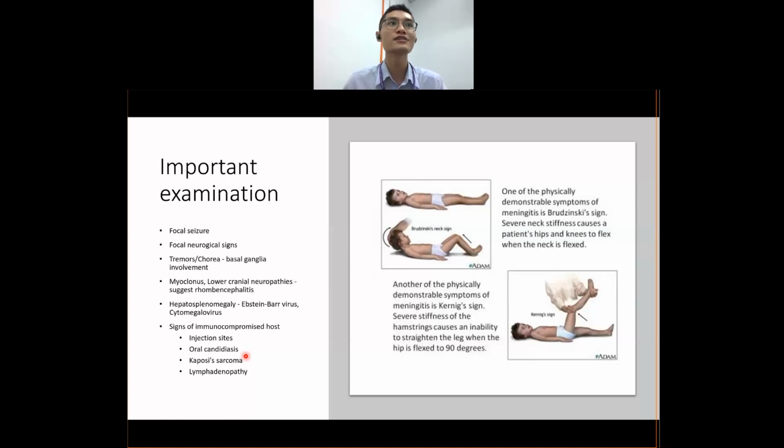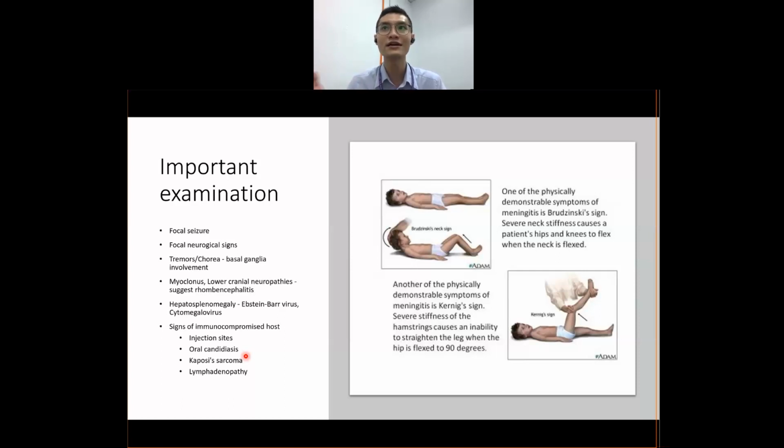Sometimes due to viral infection, you can have hepatosplenomegaly, and also look for signs of immunocompromise, because if you're immunocompromised, you're dealing with a wider array of organisms. If I have an immunocompetent patient, I wouldn't be thinking about organisms that only happen in immunocompromised hosts like HIV.